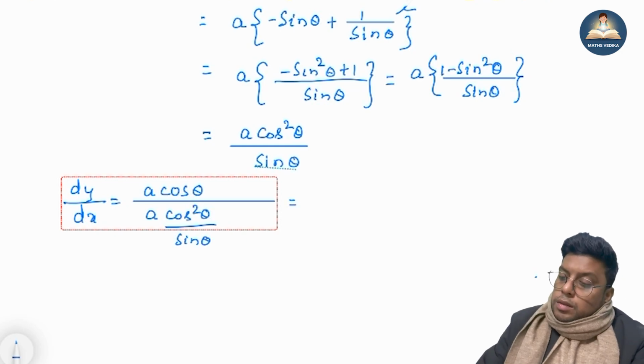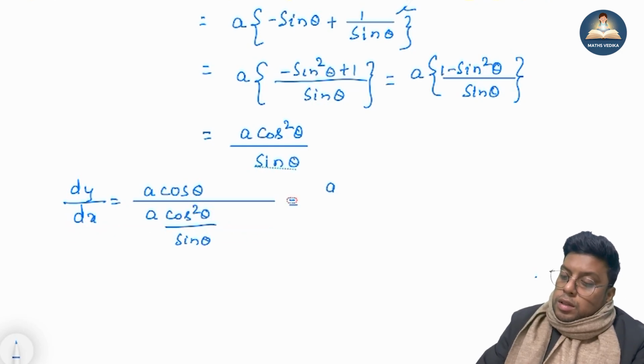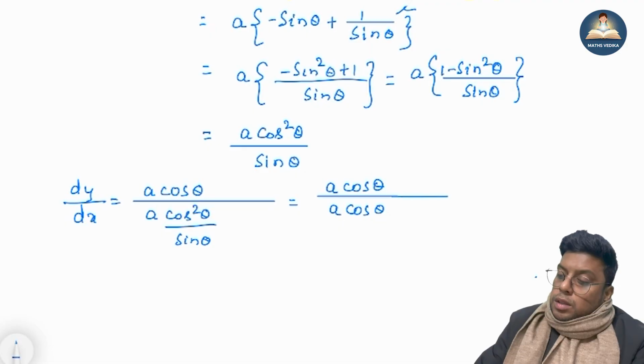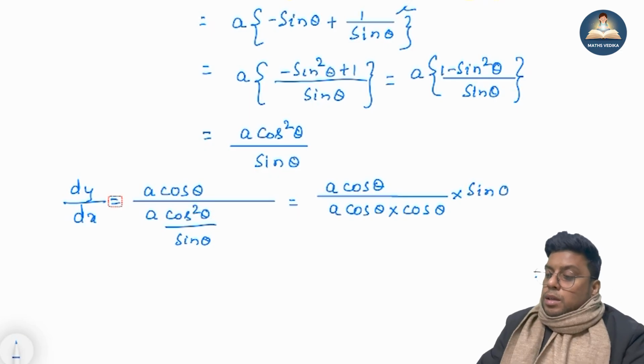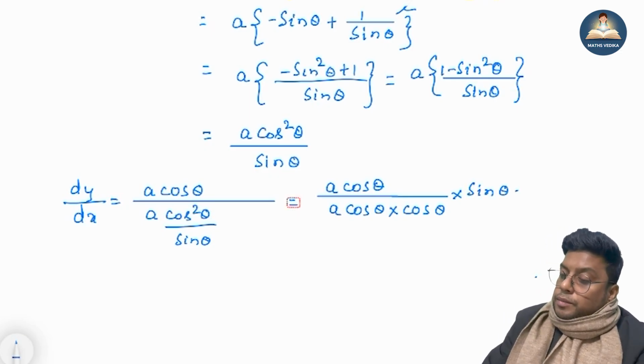Now this is equal to a cos theta by a cos theta into cos theta, and sin theta will come in the numerator.